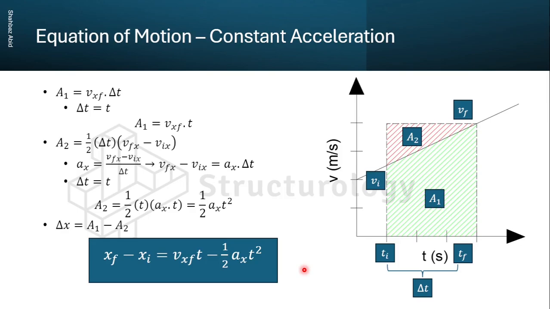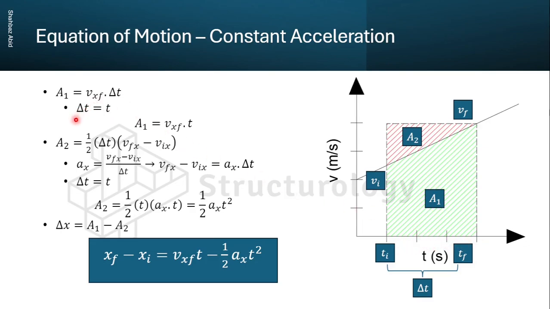To derive the third equation of motion for constant acceleration, let us consider the same velocity versus time graph. Again, we know that the displacement is equal to the area under the velocity versus time graph. This time let us consider area 1 to be from here until here. It is going to be equal to final velocity times delta t.